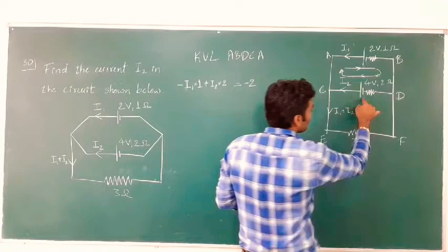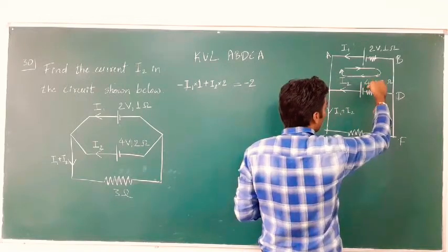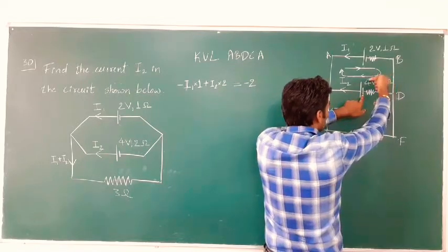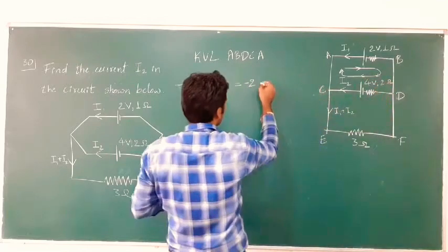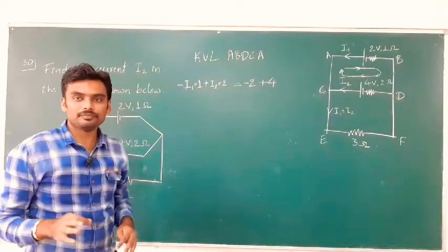Then what I see is a cell again, and that cell has the EMF of 4 volt, and I touch the negative terminal of the cell while traversing first. So it is positive EMF that I should put, plus 4 volt.